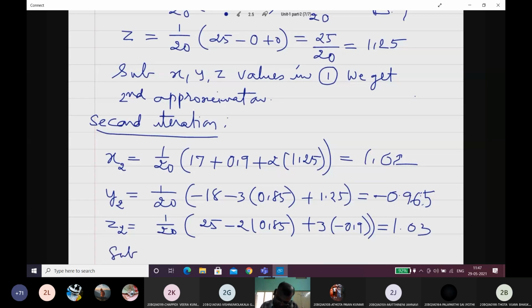Substitute the x, y, z values in equation 1. We get the third approximation, that is the third iteration.